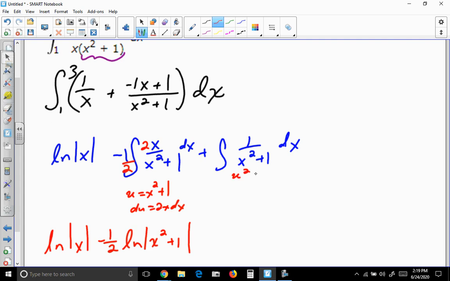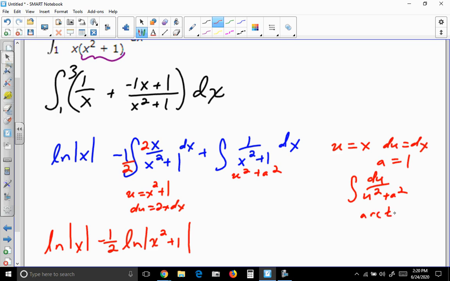This is u squared plus a squared, where u is x, du is 1 dx, a is 1. And you may recall that the integral of du over u squared plus a squared is arctangent.